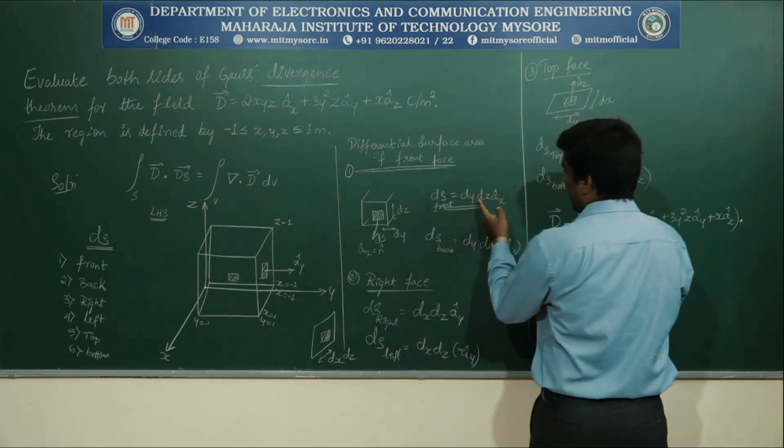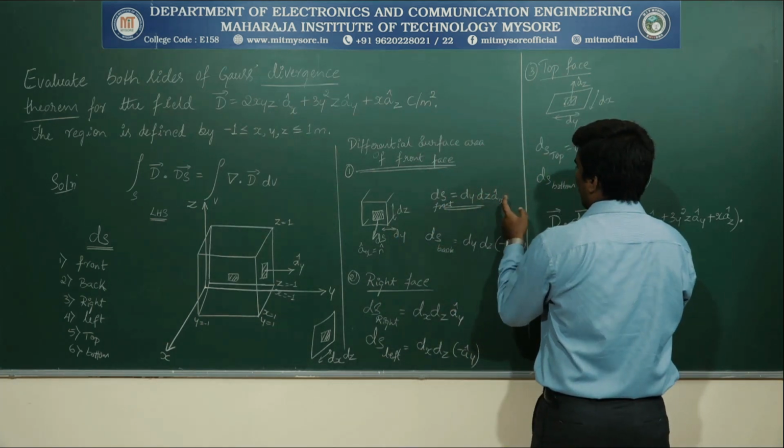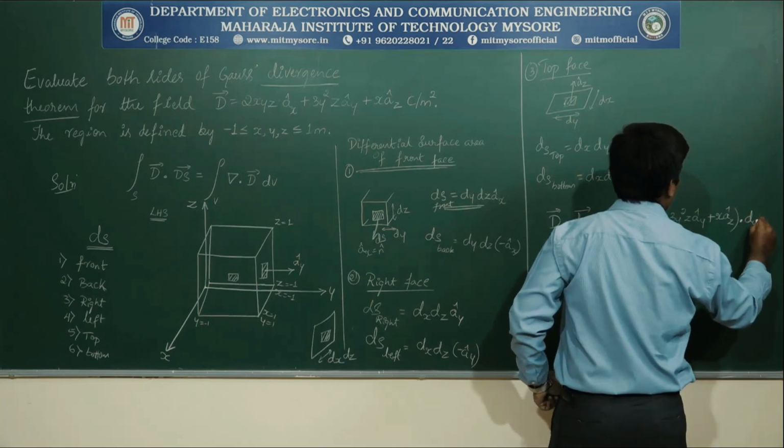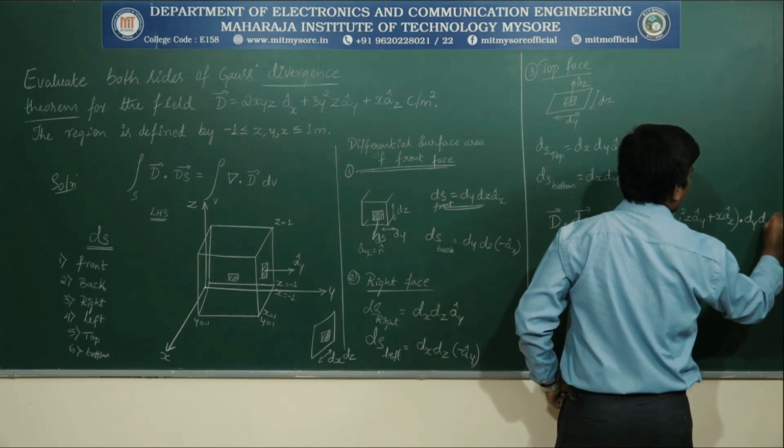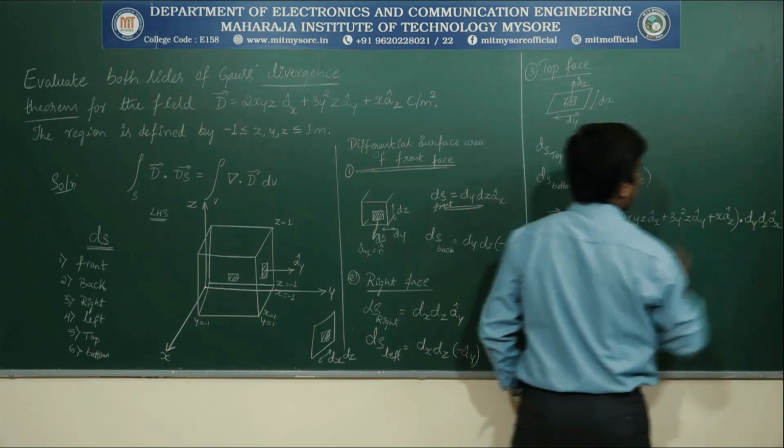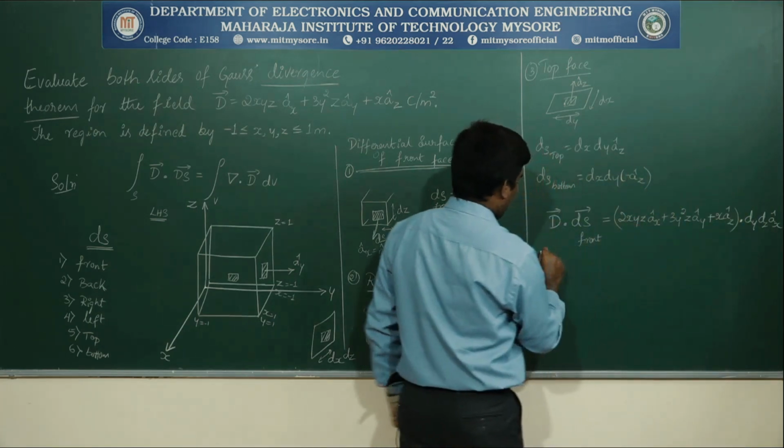What is ds front? Ds front is equal to dy dz into a cap x. Now perform the dot product operation.